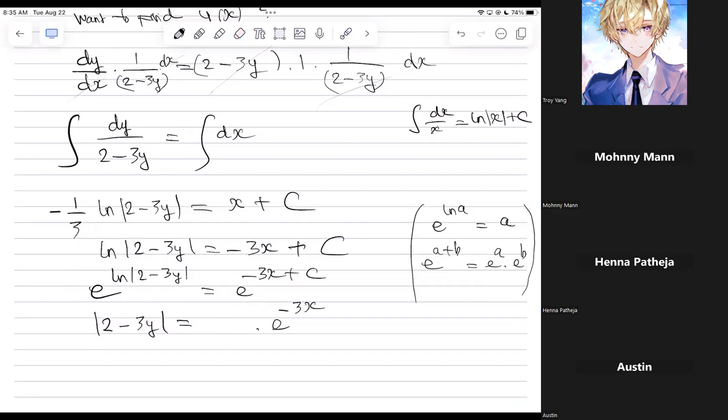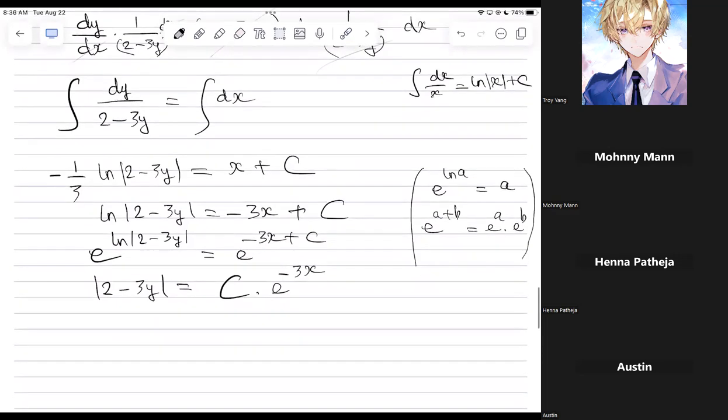So I can replace that by the other c. Then the absolute value of 2 minus 3y equals c times e to the power -3x. I can get plus and minus. Remember, if the absolute value of s equals a, it means s equals plus and minus a.